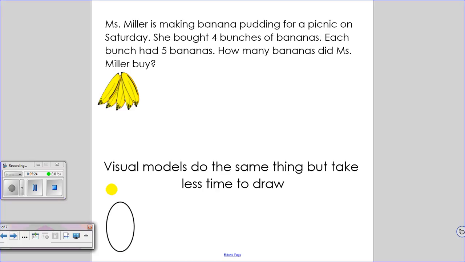Step 2 in my story problem. Kaden, what am I counting? Bananas. So I'm going to go ahead and leave a space. Go ahead and do this on your paper too. Miller needs blank bananas with a period.